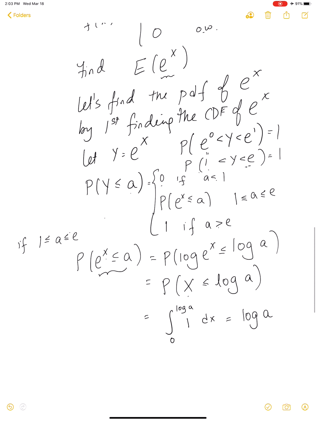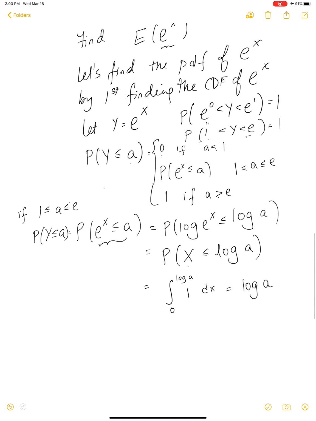So what is this telling us? Well, what was the probability e to the x less than or equal to a? That's the probability y less than or equal to a, or the CDF of y, and we worked it out, and that equals log a. Okay, so let's parse through this. The probability y less than or equal to a is the CDF of y.